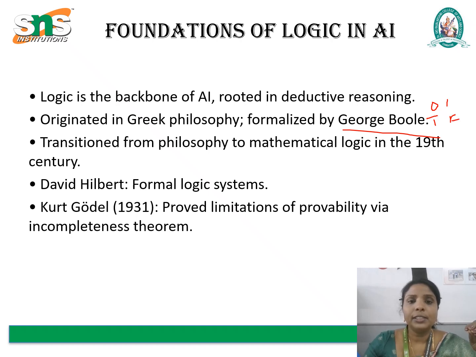In the early 20th century, David Hilbert aimed to build a complete and consistent set of logical rules to support all of mathematics, which inspired the most structured form of logic used in artificial intelligence systems. However, in 1931, Kurt Gödel proved something very important: in any logical system that is complex enough, there will always be some truths that cannot be proven using the system itself.